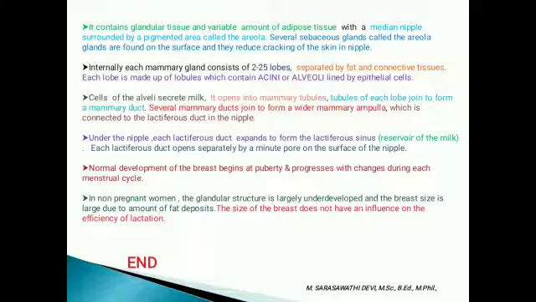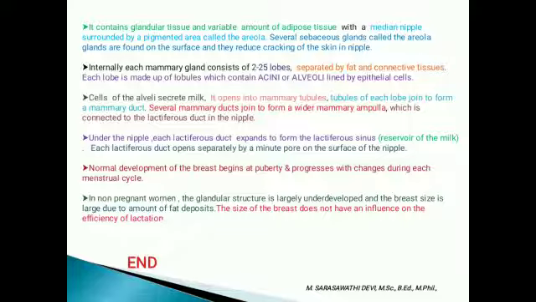Under the nipple, each lactiferous duct expands to form a lactiferous sinus, which is the reservoir of the milk. Each lactiferous duct opens separately by a minute pore on the surface of the nipple. Normal development of the breast begins at puberty and progresses with changes during each menstrual cycle.